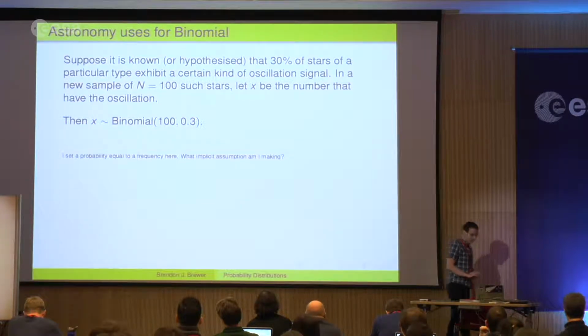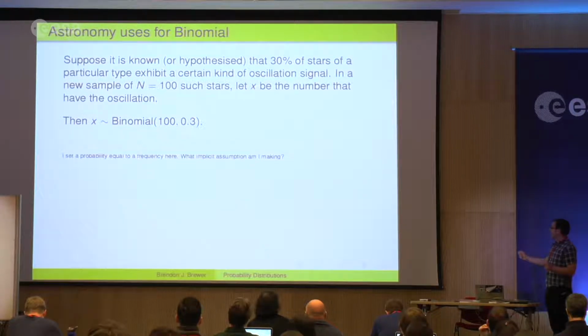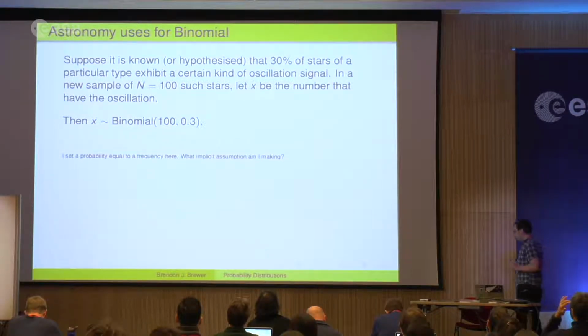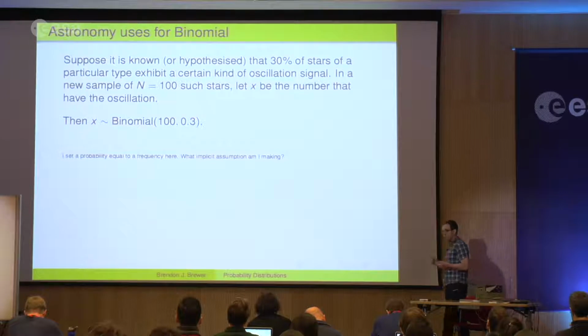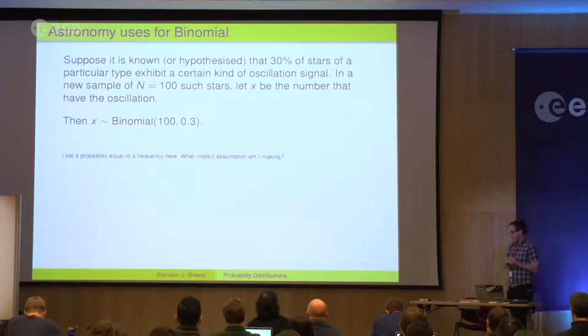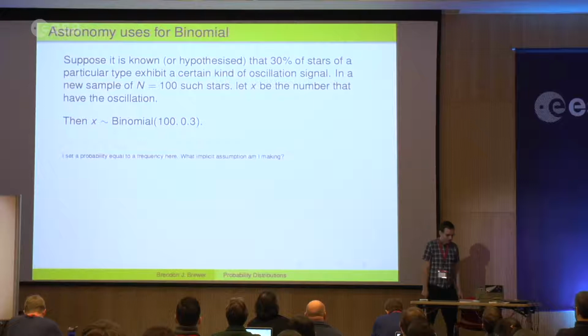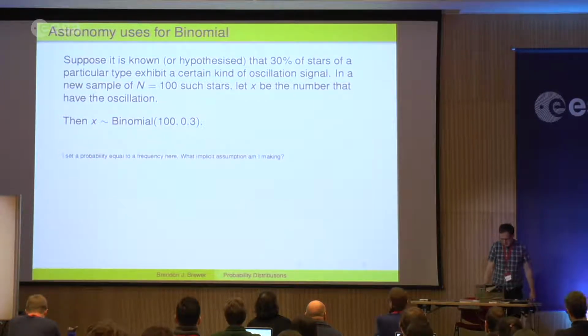That's an assumption. I'm equating two concepts and giving them equal values, even though the concept of what proportion of stars have this property is completely different. It could in principle be completely different from how certain I am that a particular star has that property. So I'm just trying to completely separate the concepts, even though it often makes sense to set the values equal to each other.